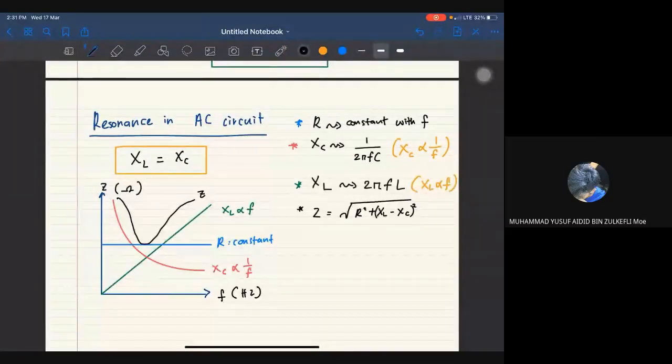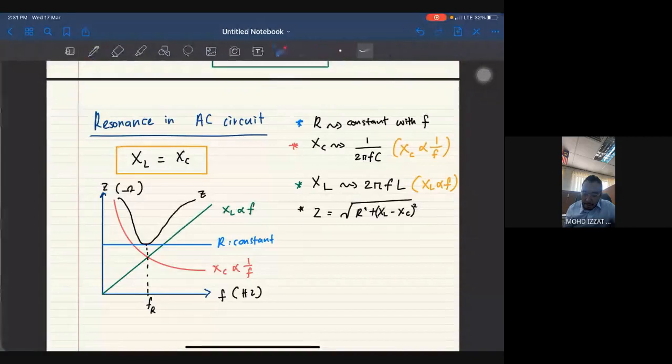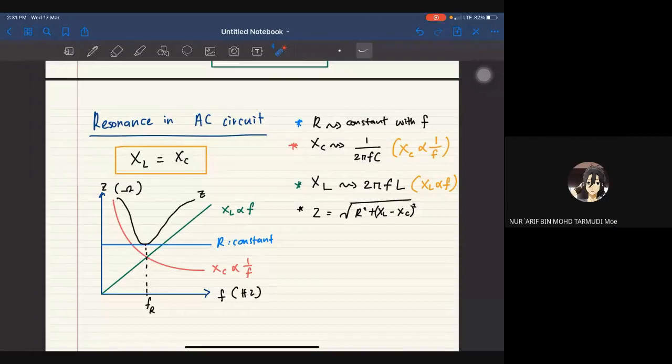Obviously it is at the intersection point. Agree or not? So this is at your resonance frequency, when XL equals XC at this particular position. Why? Because XC and XL have the same value. This is the only intersection point. Can you follow? Understand, sir. Okay.